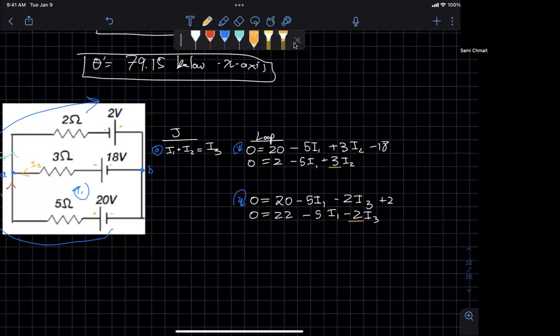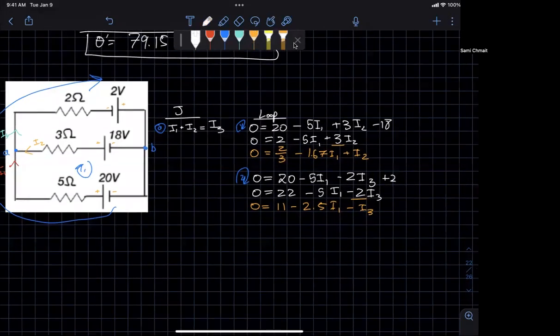So I'm going to divide everything up here by 3. So 0 is going to be equal to 2 over 3 minus 1.67 I1 plus I2. And then here it's going to be 11 minus 2.5 I1 minus I3.